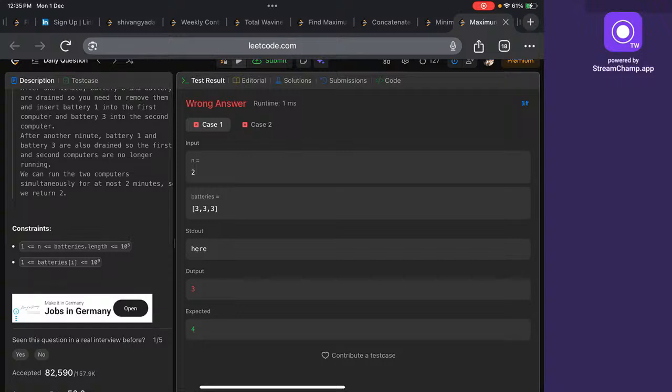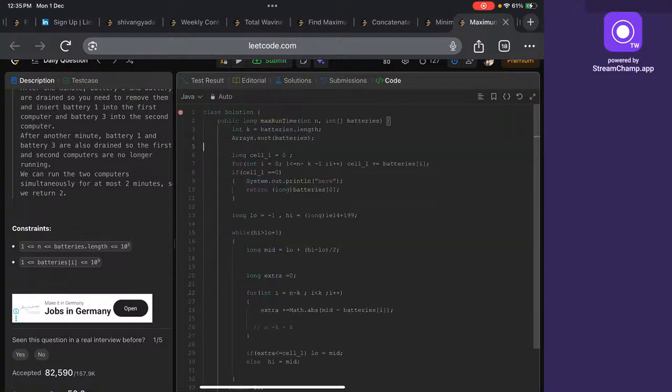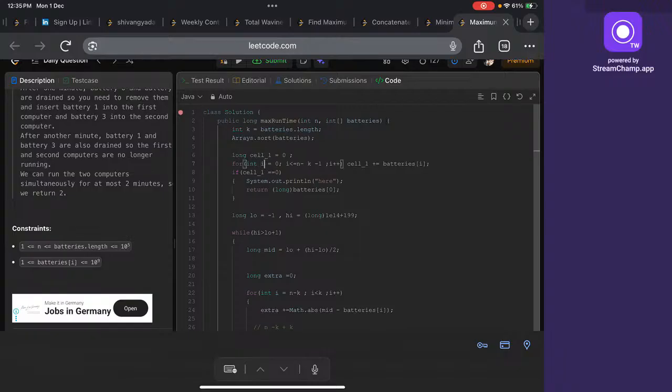n is 2. Okay, so that's why. If where k is greater, right? K minus n, we'll need to make this change here also. K minus n, k should be greater than, right?